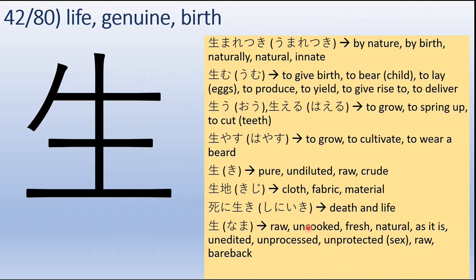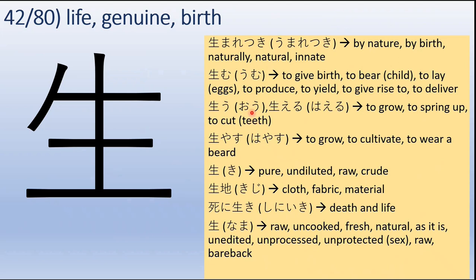We have umaretsuki, which is by nature, by birth, or naturally, natural or innate. Then we have umu. Umu means to give birth, to bear child, to lay eggs, to produce, to yield, to give rise to or to deliver.